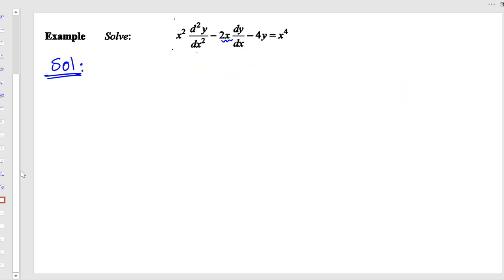So if you try to solve this problem, then what will be happening? Let e to the power z equal x.